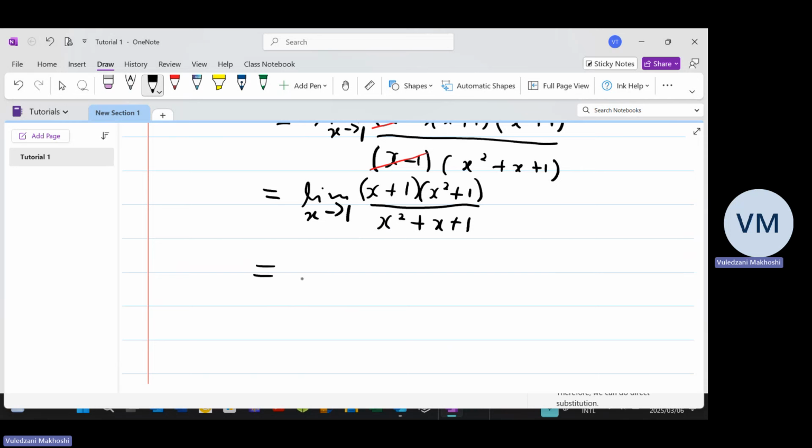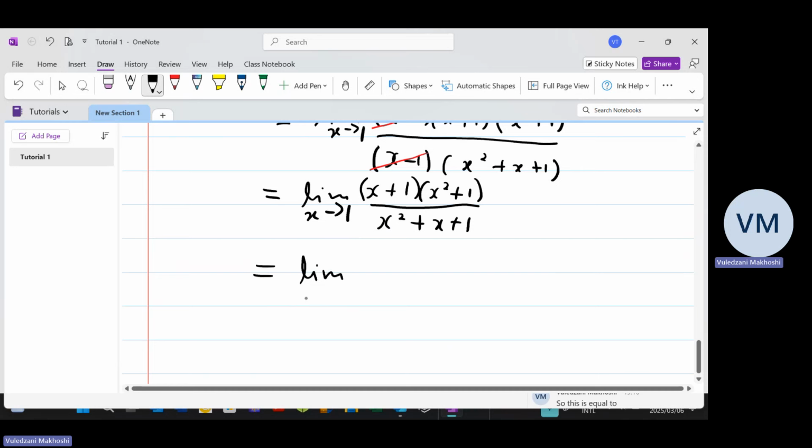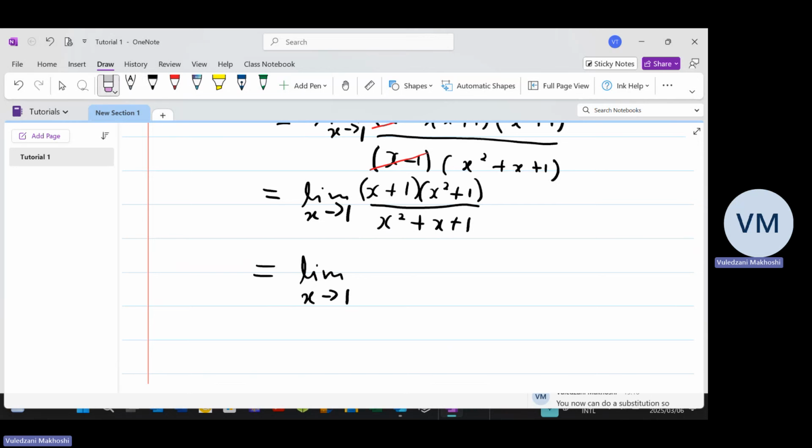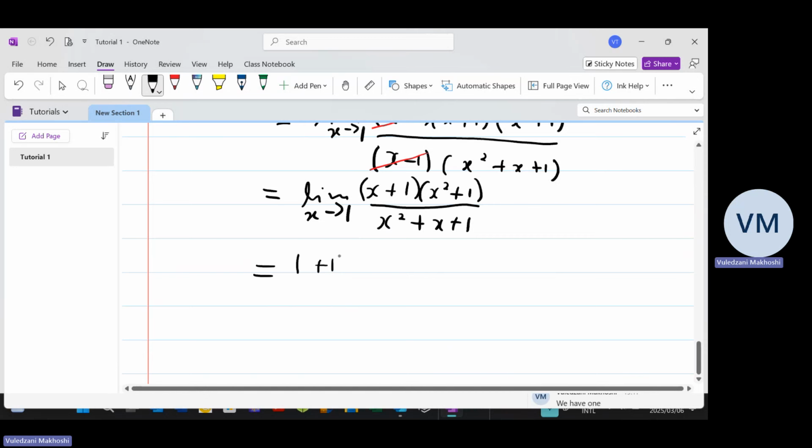So this is equal to the limit x approach 1. Now we can do our substitution. So when we do our substitution, we no longer write the limit. We have 1 plus 1, close brackets, into 1 squared plus 1.